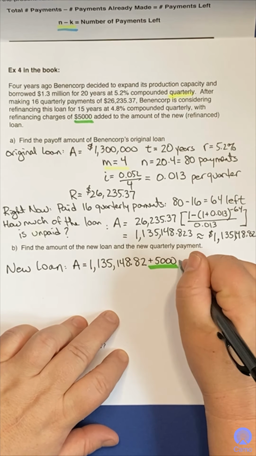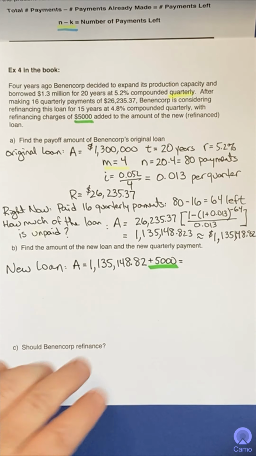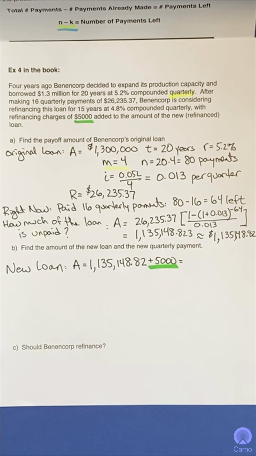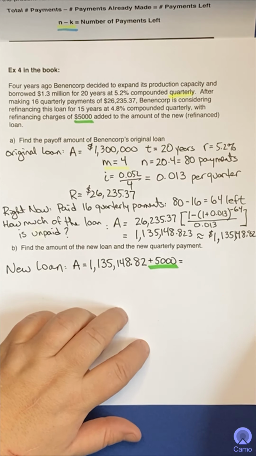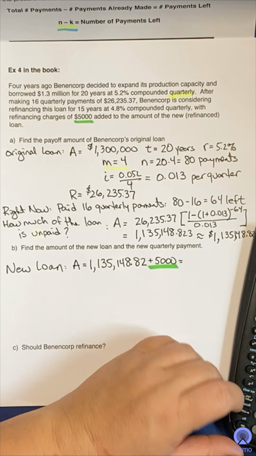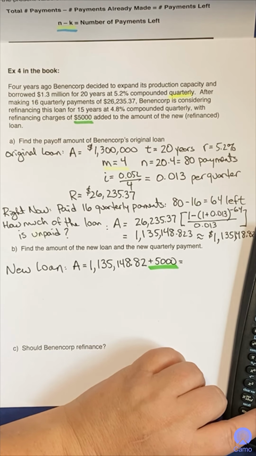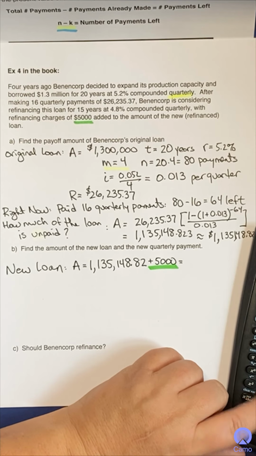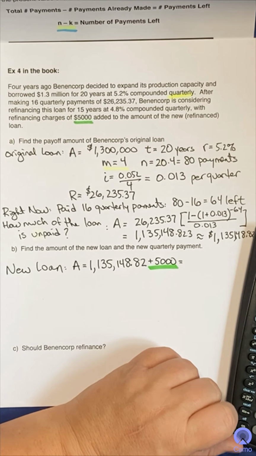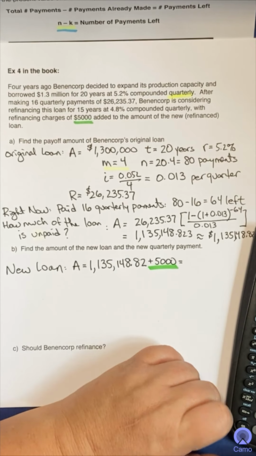A lot of times, if you take out a loan, more often a mortgage on a house, and there are extra fees, extra costs, they'll roll it into the loan. So instead of you having to pay it right out of your pocket, they just make it part of the loan. I don't trust myself right now. 1,135,148.82 plus 5,000.